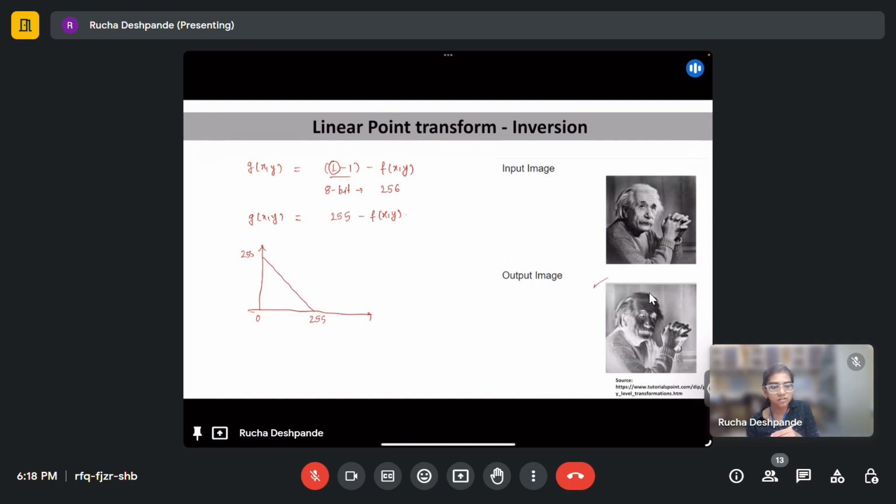The inversion function will look like this with the slope of -1. Okay.